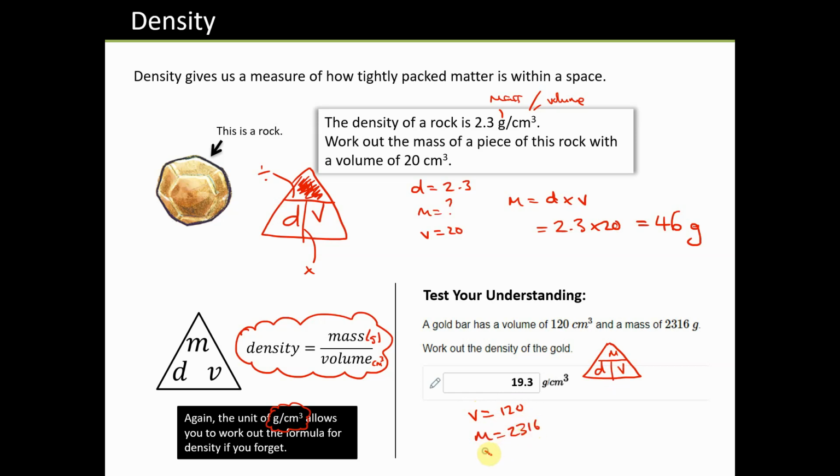We want to find the density this time, so cover up density. Density equals mass divided by volume. So 2316 divided by 120. So we get 19.3. They've given us the units there nicely, so we wouldn't have to remember that it would be grams per centimetres cubed.